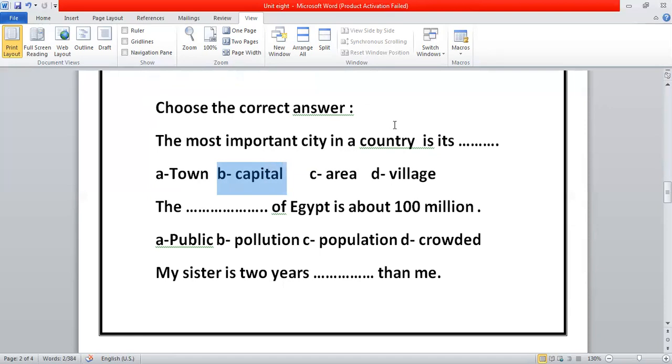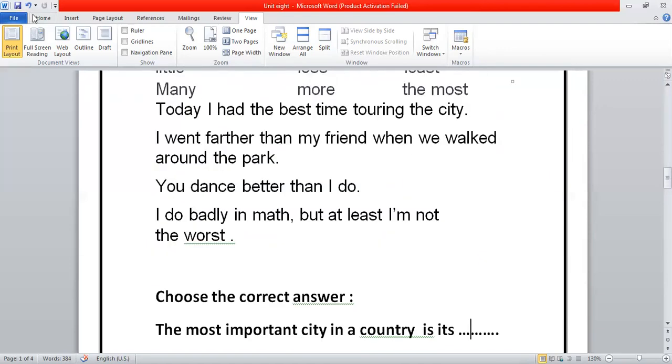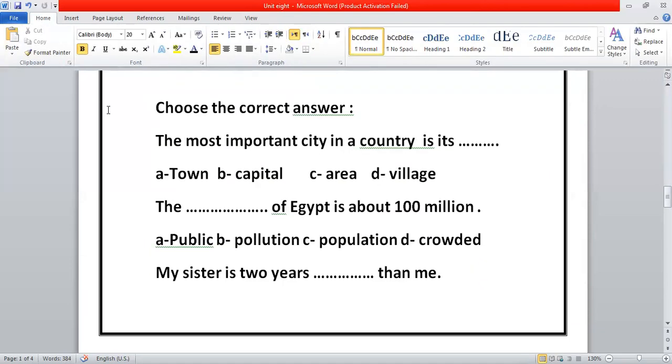Right answer. So the first one, capital. The second one, the population of Egypt is about 100 million.